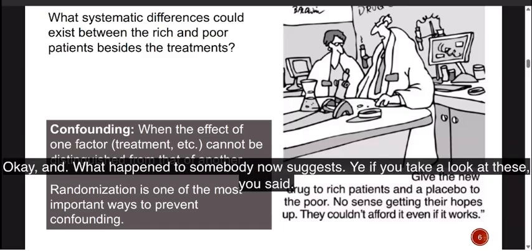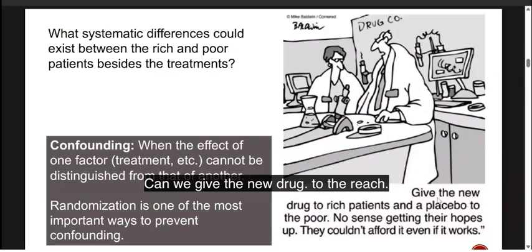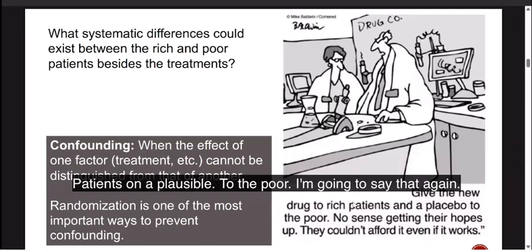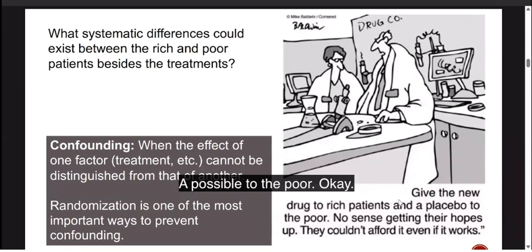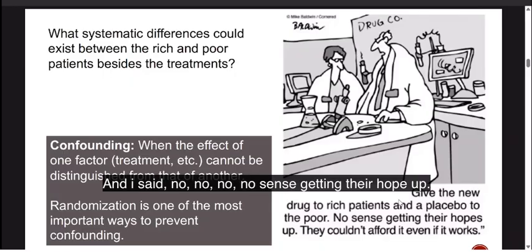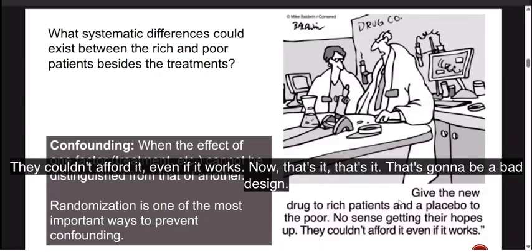And somebody now suggests, if you take a look at this, can we give the new drug to the rich patients and a placebo to the poor? He said, no sense getting their hopes up. They couldn't afford it even if it works.